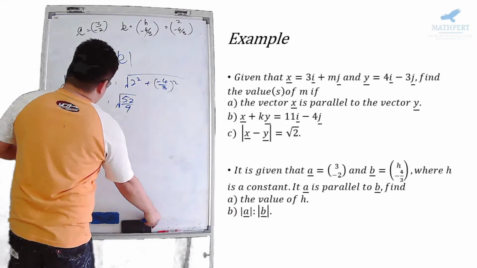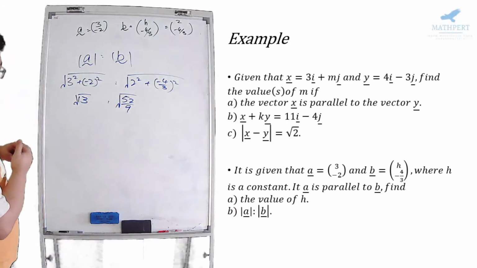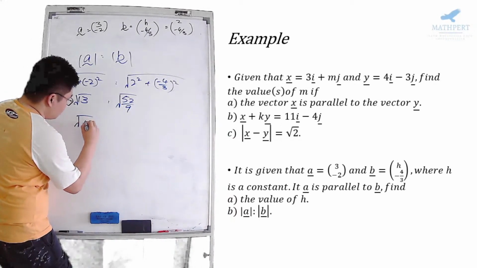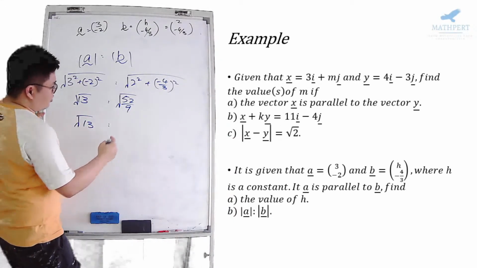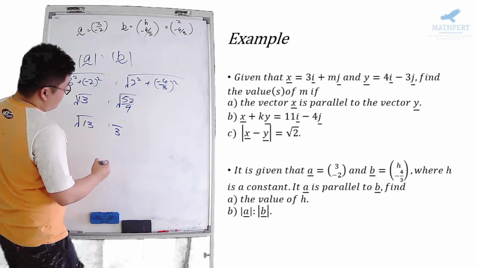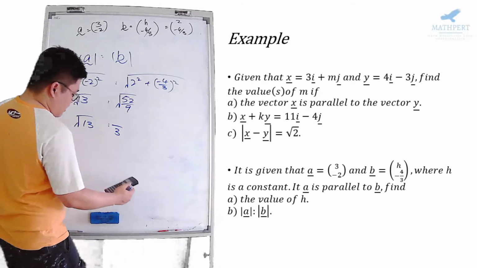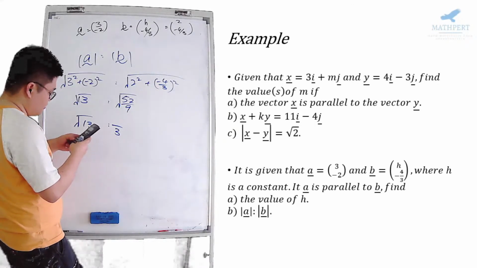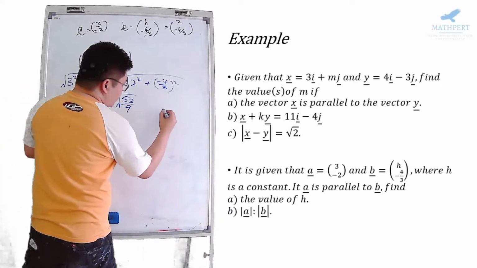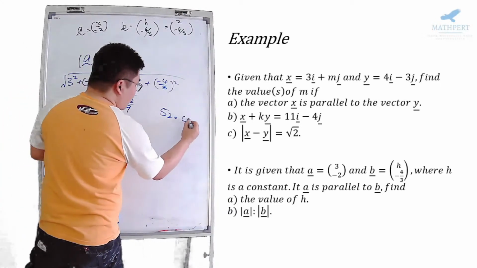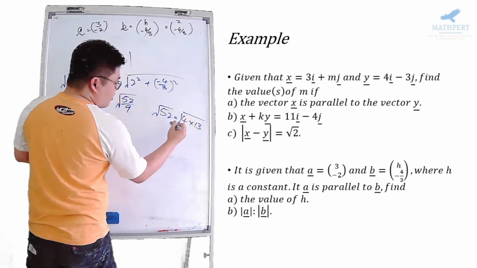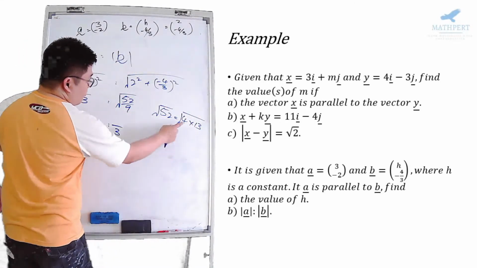Okay? And then so I take out the 9, I get 3. And then 52. Can I divide by 13? Okay, 52 is equals to 4 multiplied 13. Okay, square root of 52 is equal to square root of 4 multiplied 13.